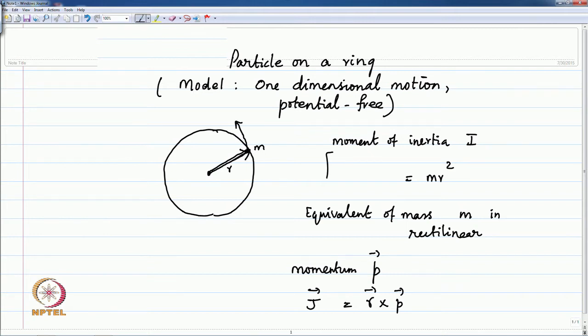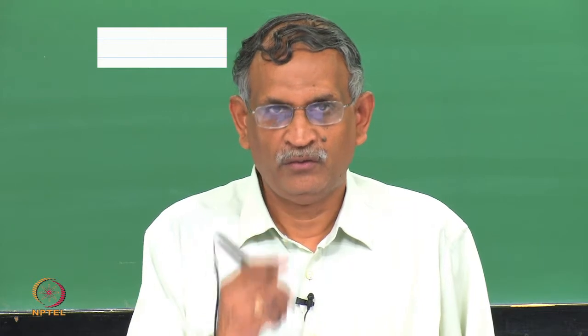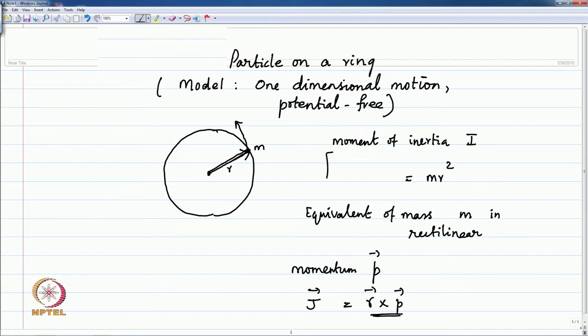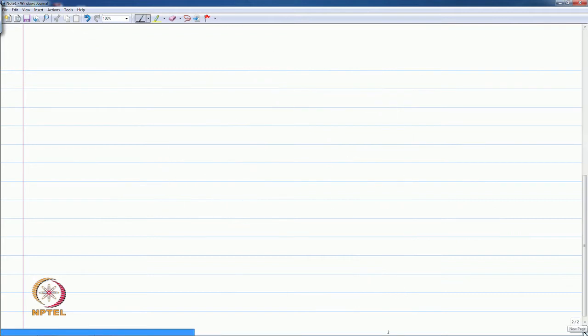And in this case, of course, you know r and p, you can use the right hand thumb rule to show that the angular momentum is pointing towards you, that is perpendicular to the plane, with the vector facing you. And this angular momentum r cross p is quantized when you use the Schrodinger equation for studying the motion about a point.